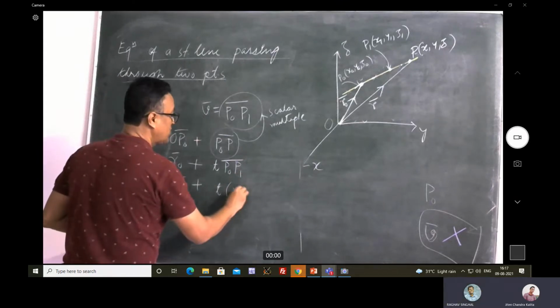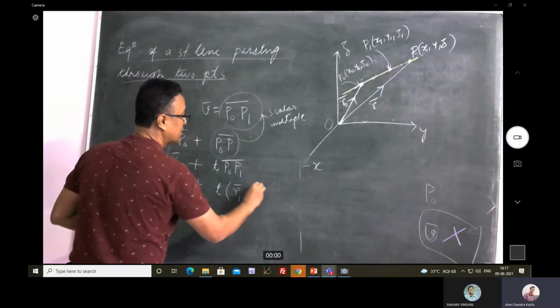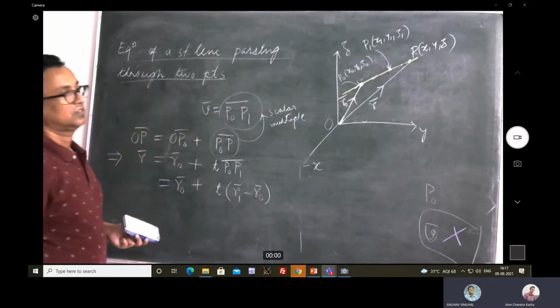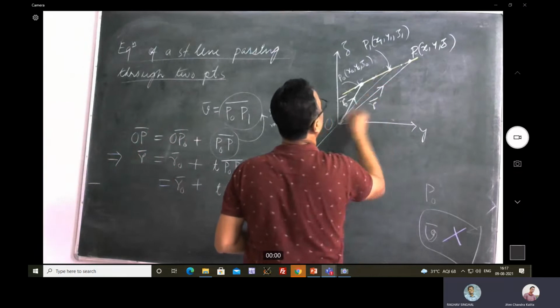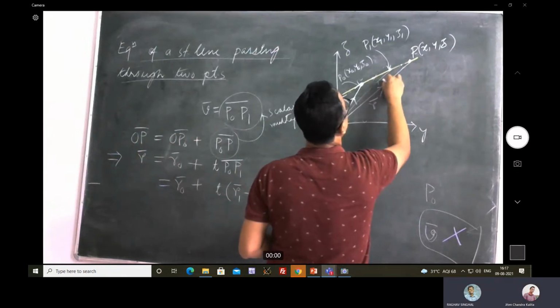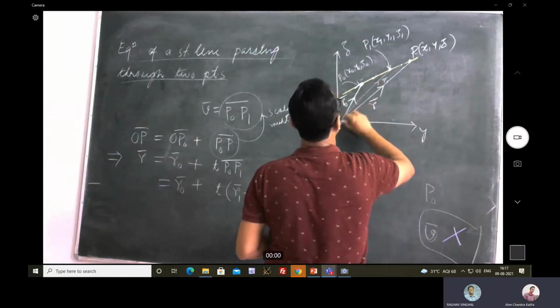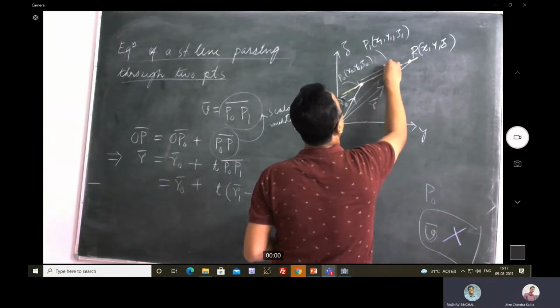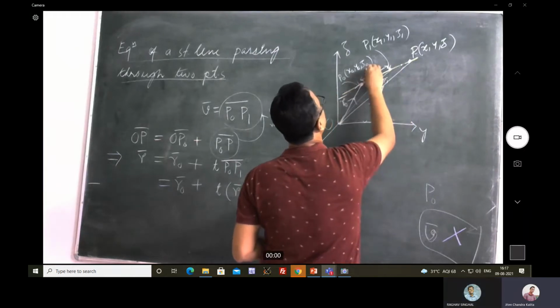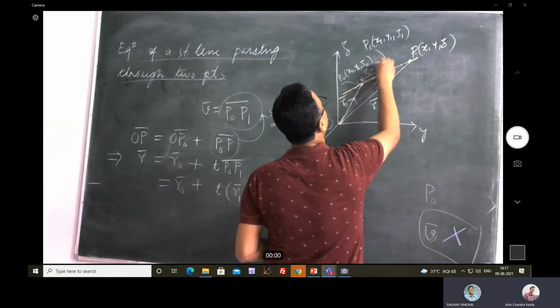This is nothing but your R1 minus R0, isn't it? So this is R1, right? This vector is R1. So this vector is going to be R1 minus R0.